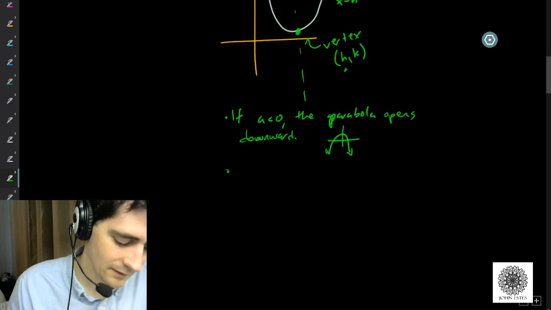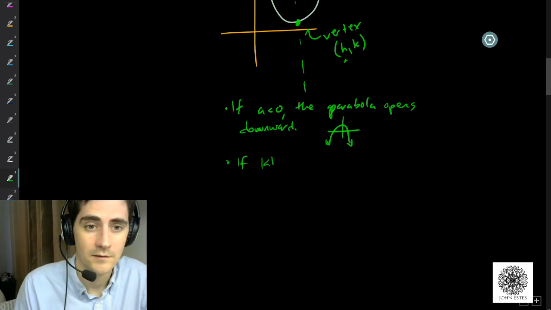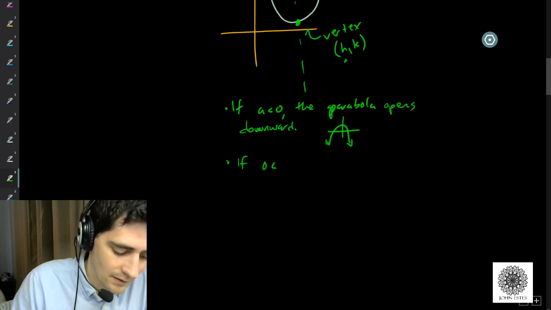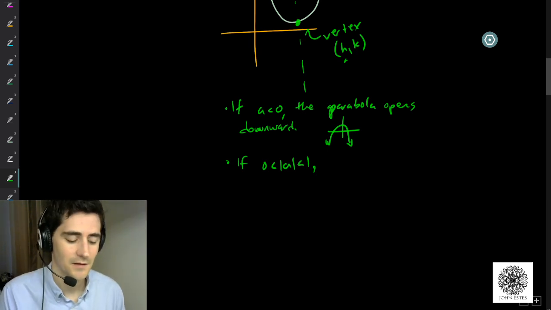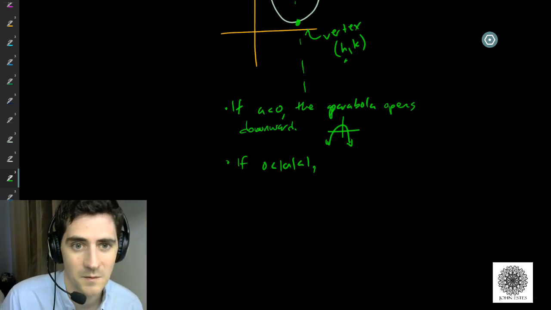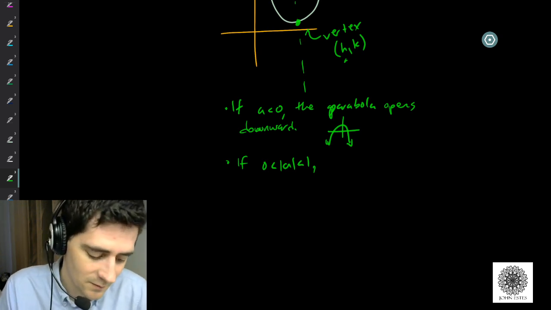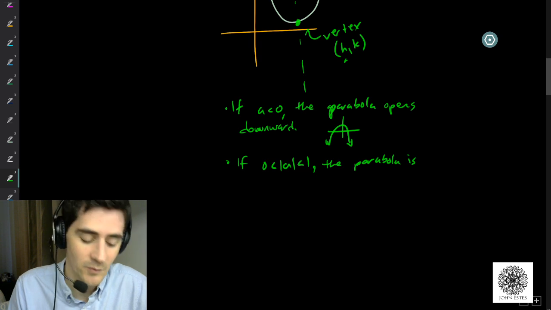Okay, now if the absolute value of a is less than 1, so obviously the absolute value is between 0 and 1, I mean, it's greater than 0, right? And the reason I say absolute value is because this will work whether it's flipped upside down or not. But if the absolute value of a is between 0 and 1, the parabola is, what do we say? Like when we did 1/10, remember it was wide?